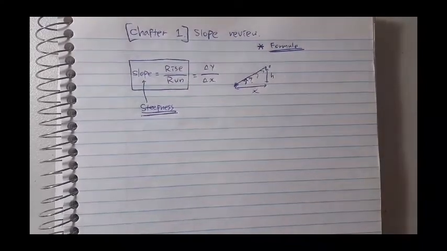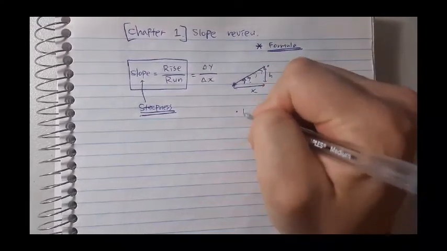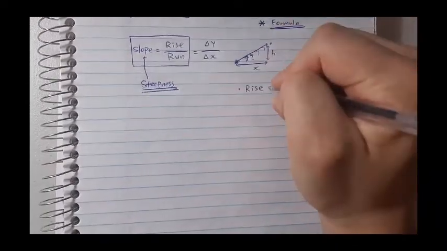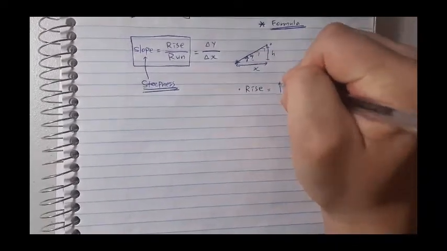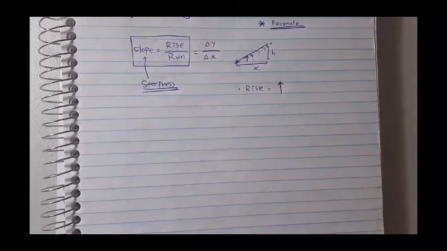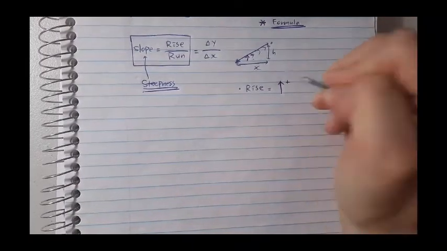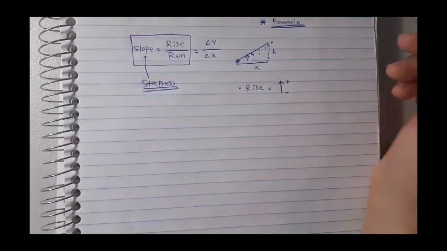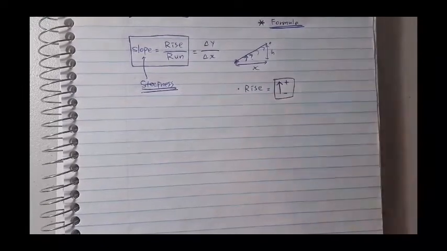So rise over run can be expressed as delta y over delta x, and that is what I prefer more because delta means change of. If it's rise in English, that's down to up, and it always has a concept of negative to positive, which is unfortunately not true all the time.